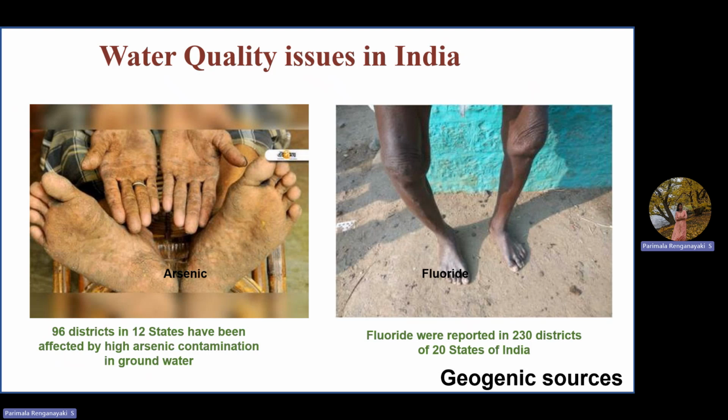Almost 96 districts in 12 states have been affected by high arsenic contamination in groundwater, and fluoride has been reported in 230 districts of 20 states of India. We know arsenic and fluoride: arsenic causes skin cancers, whereas fluoride causes dental fluorosis or skeletal fluorosis, where the bone is affected. So people cannot even use the water which is naturally getting recharged. This is another issue in India.